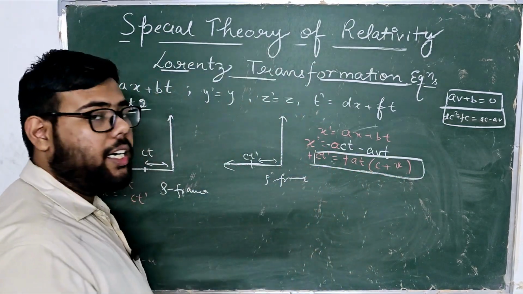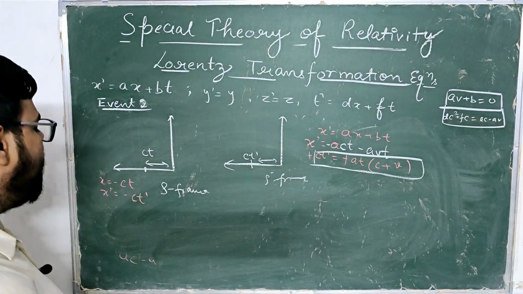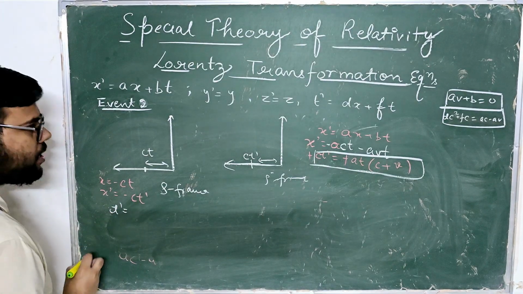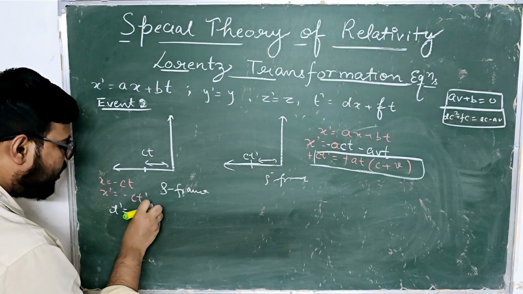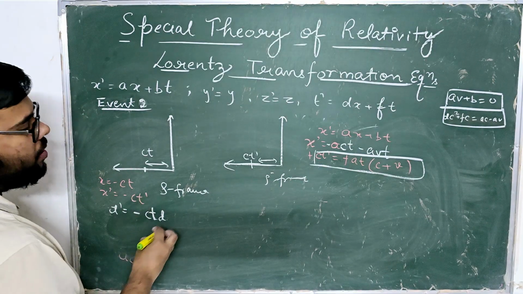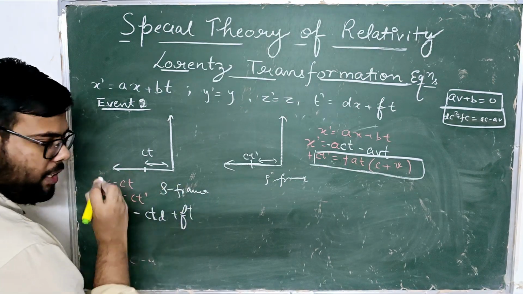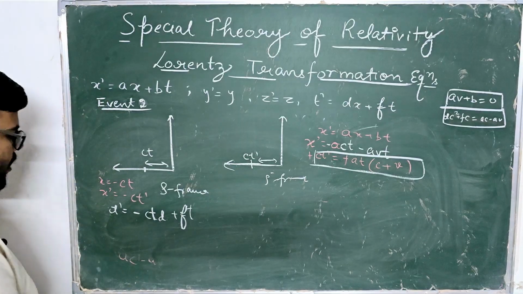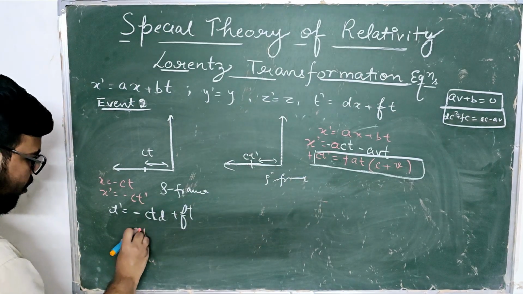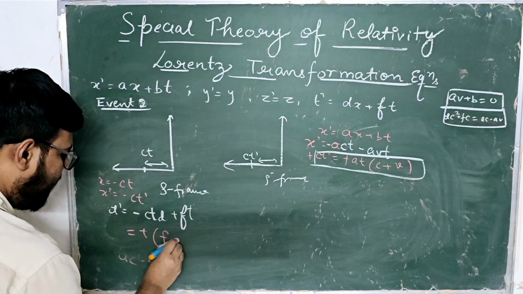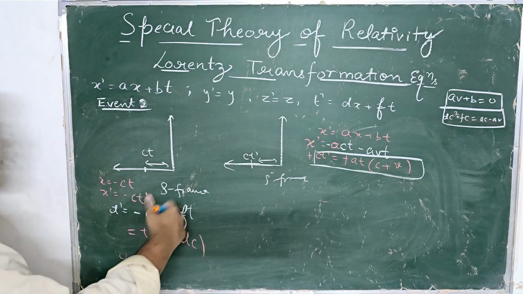Now let's solve for T prime over here. T prime is equal to DX, that is negative CT times D plus F times T. Correct? Now you can take T first of all common. So we will have F minus DC. Now let's substitute it over here.